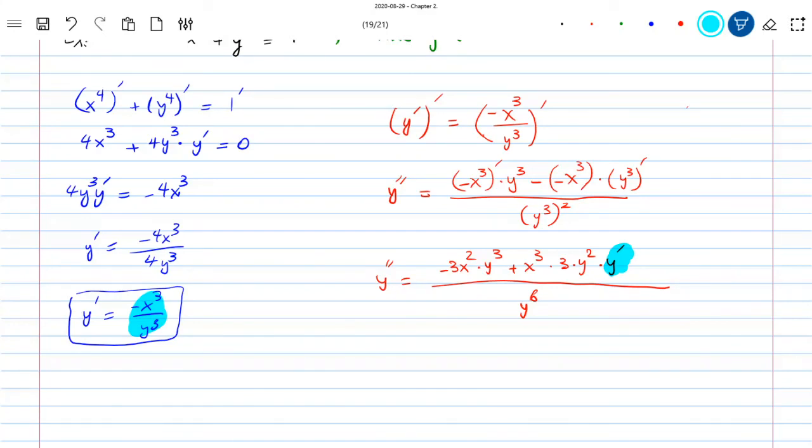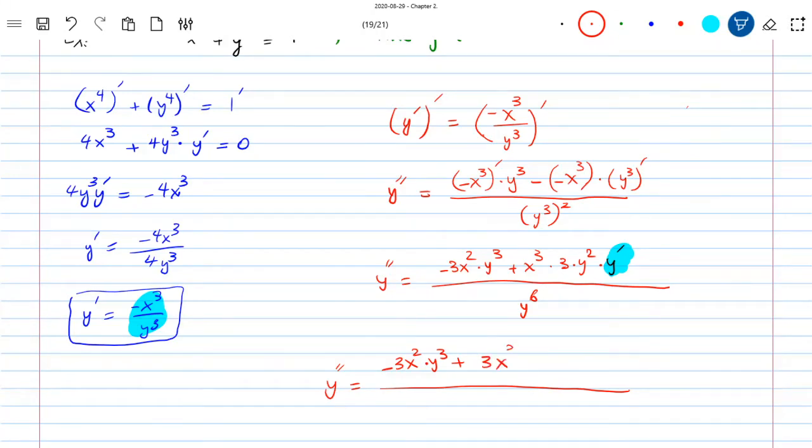What is y prime? It's negative x cubed divided by y cubed. So I replace it into the equation. I'll say, okay, the second derivative is basically everything is there. Negative 3x squared times y cubed plus x cubed times, let me put the 3 up front.